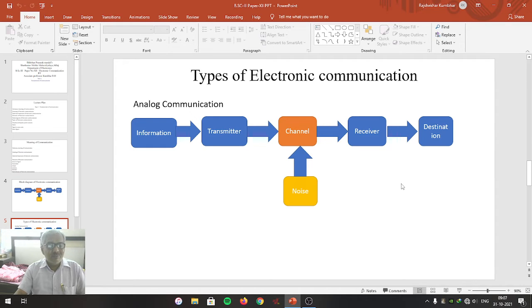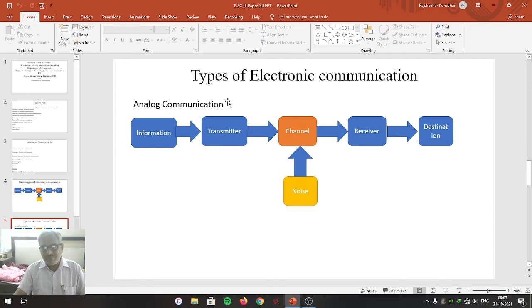That means you have to explain the same thing that we explained when we studied the general block diagram of electronic communication, when we are describing the analog communication system. With that aspect, again we are going to repeat the same as far as the study of analog communication is concerned.